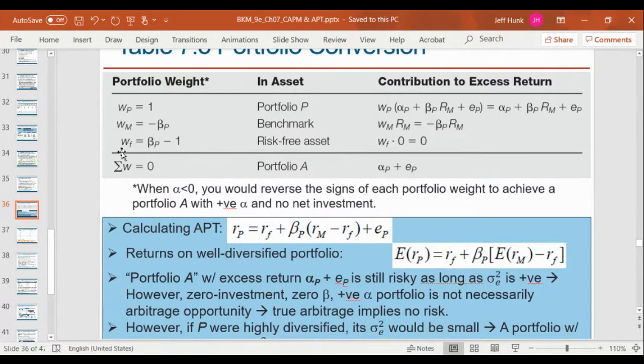And these are the portfolio weights. If you put all of your funds, capital into our portfolio P, and let's say our risky portfolio is the S&P 500. Why? Isn't the S&P 500 a benchmark?